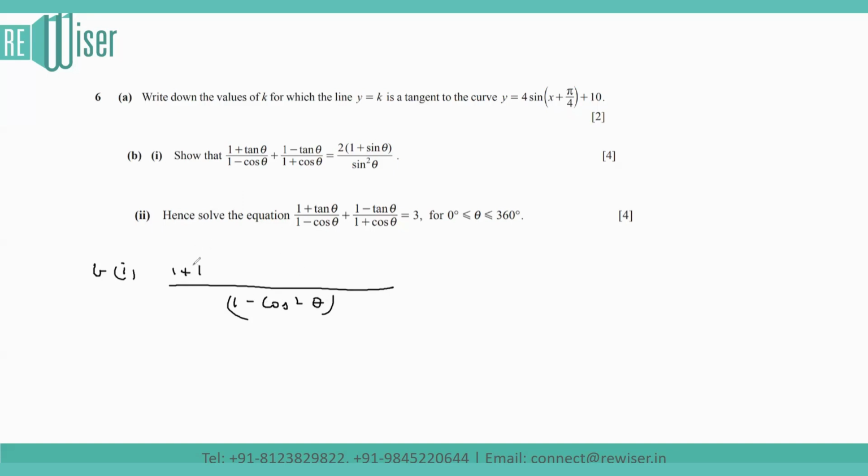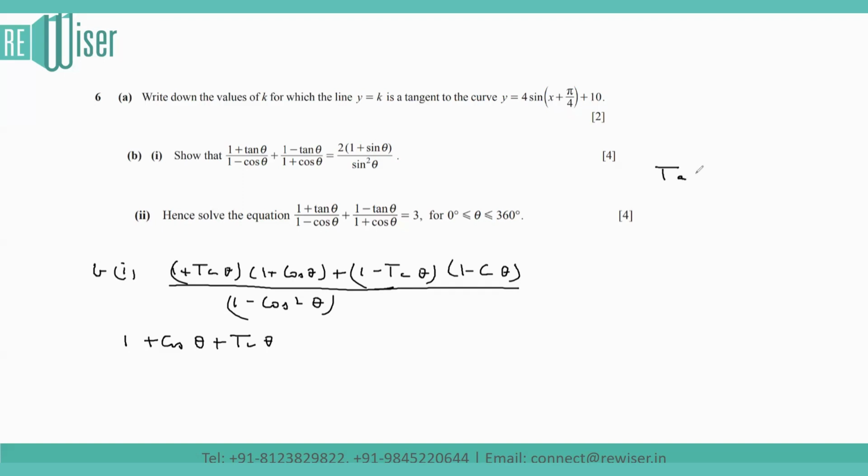So 1 plus tan theta will be multiplied with 1 plus cos theta, and then plus 1 minus tan theta is multiplied with 1 minus cos theta. If I simply open the brackets now, it becomes 1 plus cos theta plus tan theta into cos theta.